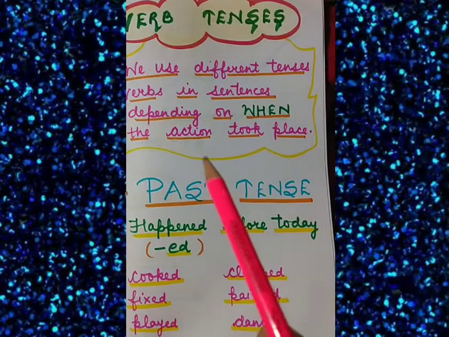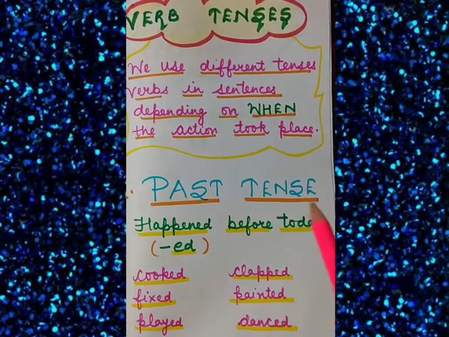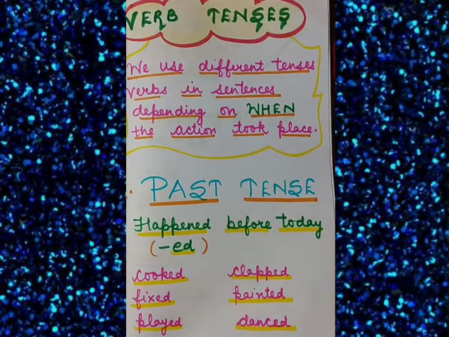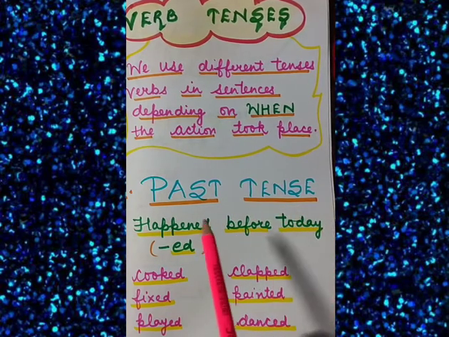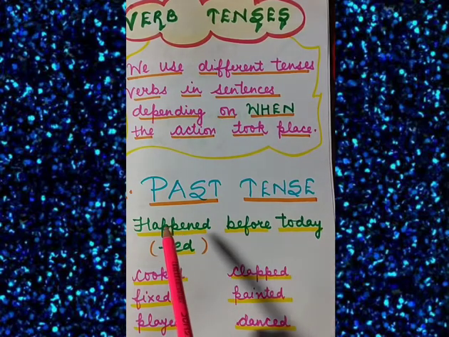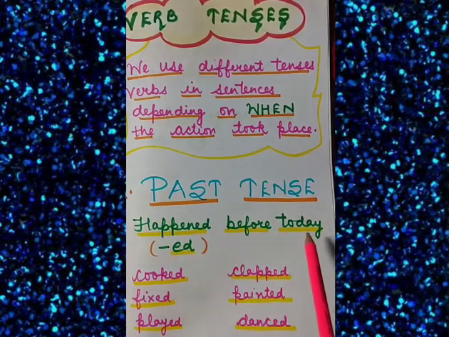As I told you, we use different tenses of verbs in sentences depending on when the action took place. So first, I am going to explain what the past tense is. Past tense: when a verb is used to show that an action was completed, it means the action or the thing happened before today.